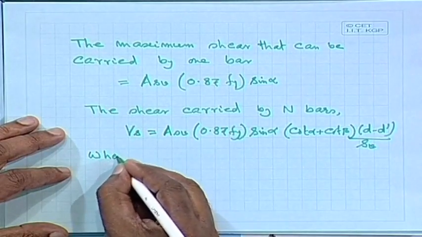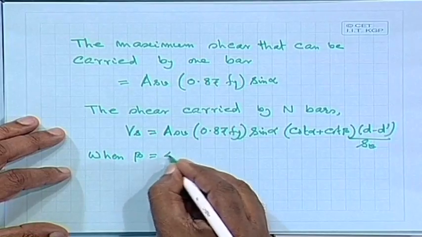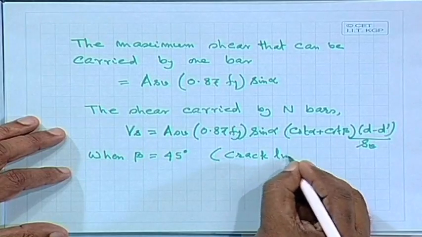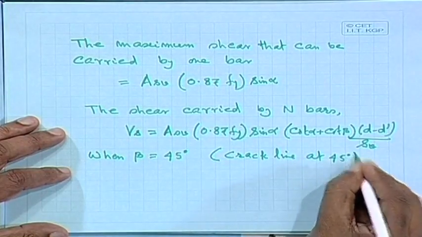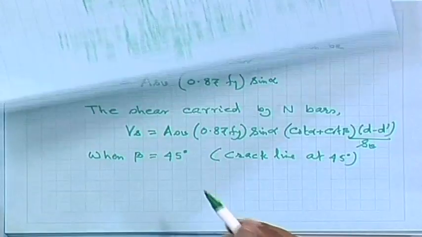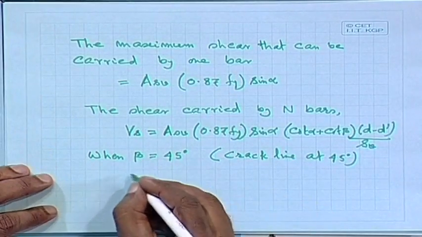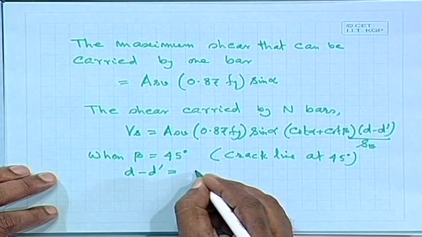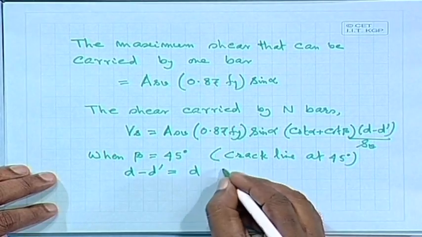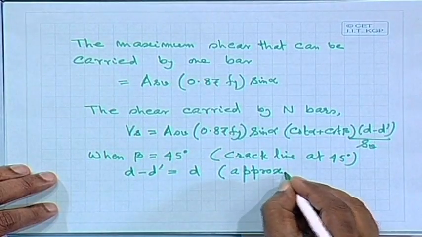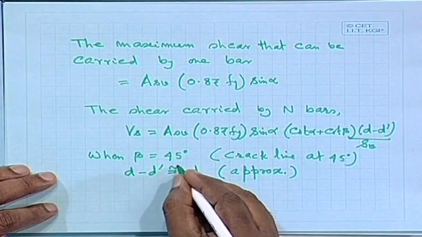When the crack we are assuming is at 45 degree, that crack line at 45 degree, beta equal to 45 degree, and let us assume d minus d dash equal to d, approximately, because we can ignore the difference.